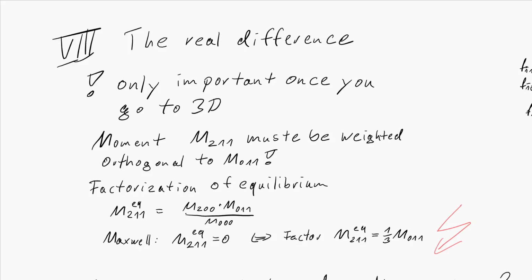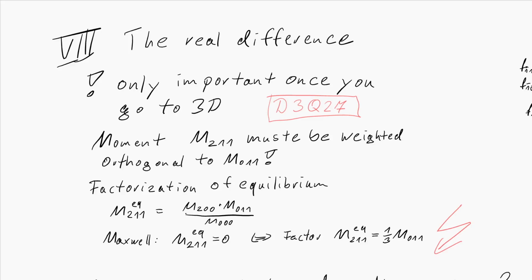The real difference can only be observed in 3 dimensions, and there actually only in the D3Q27 lattice. And actually this is the reason why this lattice was never used for the original MRT methods, multiple relaxation time methods, because this doesn't work with unweighted orthogonality, as it turns out.